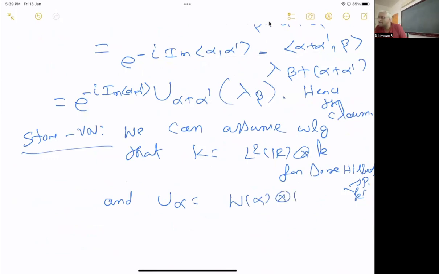The Stone-von Neumann theorem says that there is a unitary from our capital K to L2 of R tensor k, such that, up to unitary, it is W of alpha tensor 1. Without loss of generality, we assume that it is equal to W of alpha tensor 1.